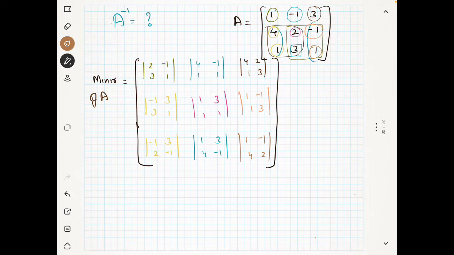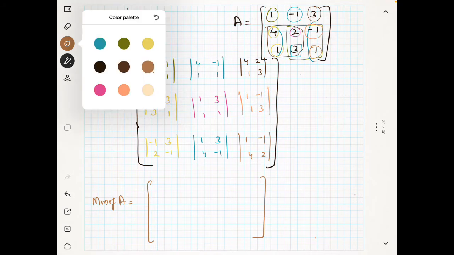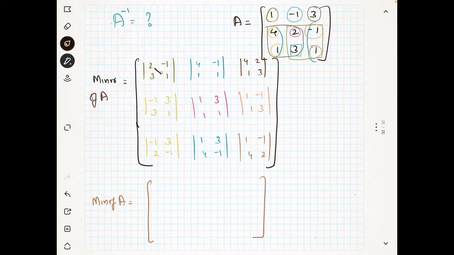So we will calculate this. So minor of A, we will finally find the elements. So you see here, this is 2 into 1, so 2 into 1 minus -3. That means it is 5, okay.